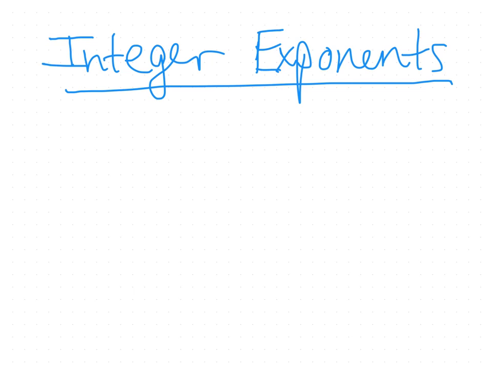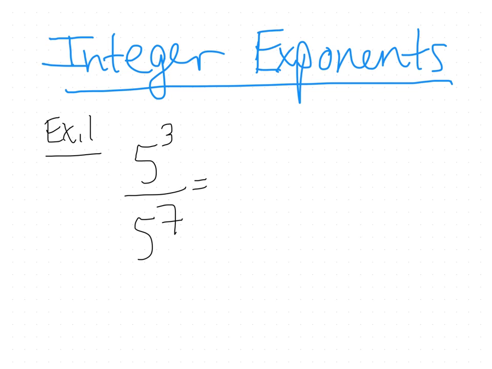Hello everyone. Today we're going to be talking about integer exponents. So let's start off with how integer exponents appear. In this first example, if we take 5 to the exponent 3 over 5 to the exponent 7, this ends up becoming 5 to the exponent 3 minus 7 using our exponent rules.